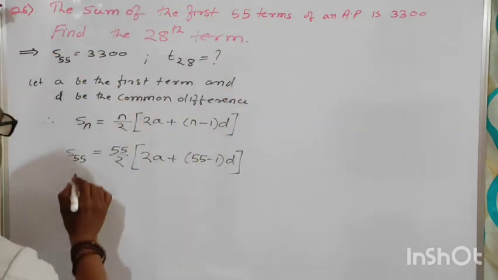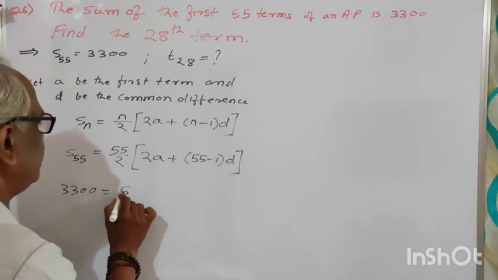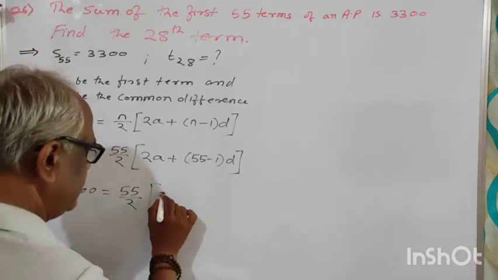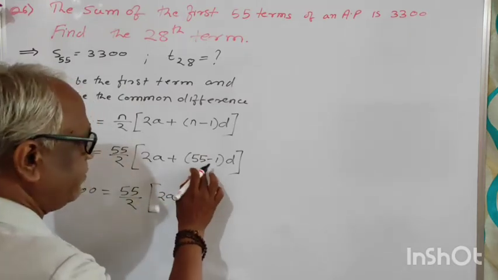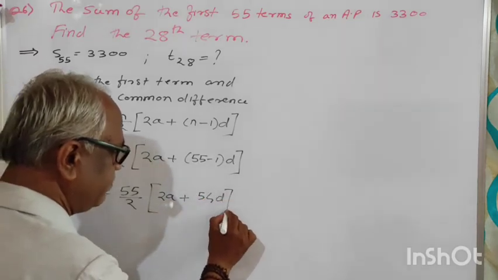S55 is given, that is 3300, which is equal to 55 upon 2 in bracket 2a plus 55 minus 1, that is 54, into d.